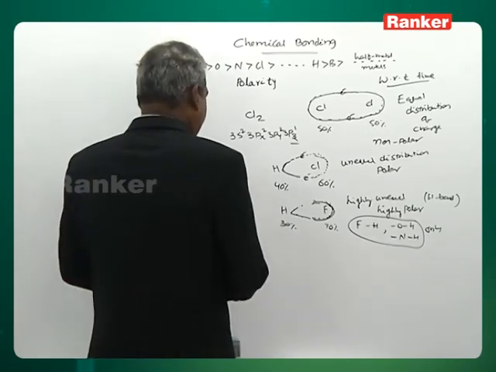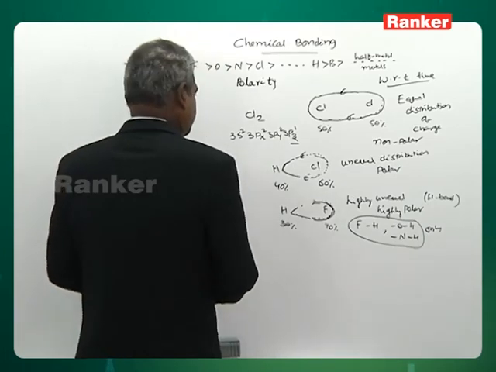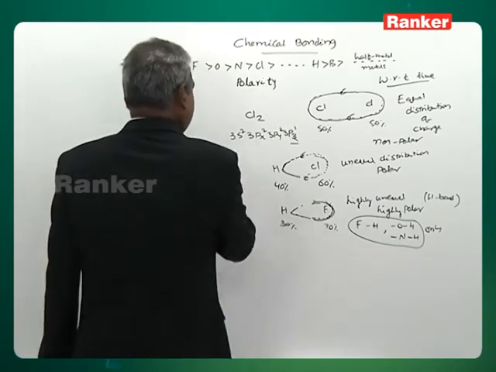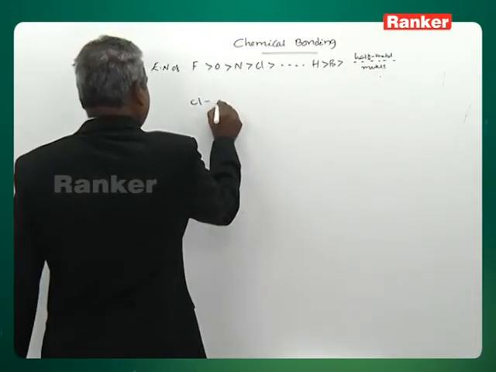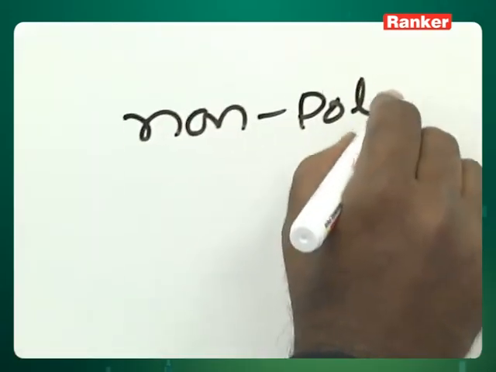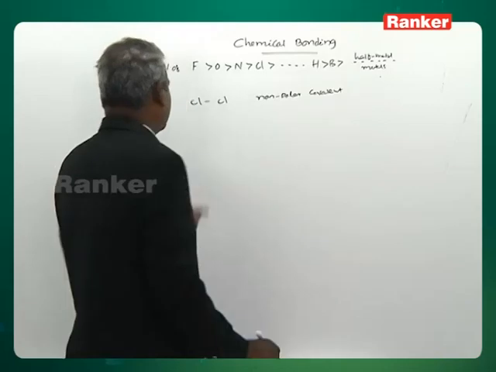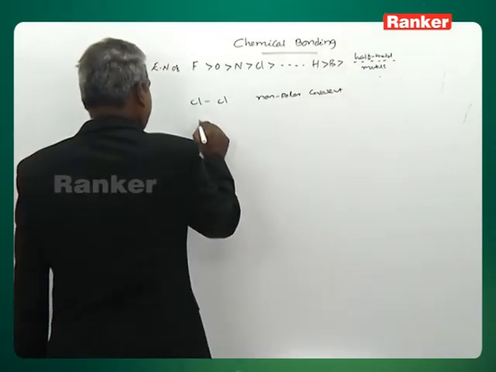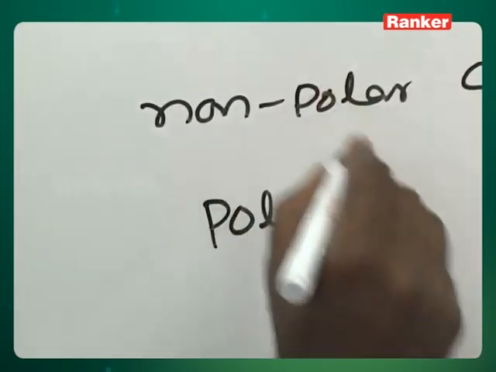Now, NaCl is indeed a very special case to discuss. NaCl. So, let me conclude. Cl2, non-polar covalent bond, equal distribution of charge, 50%, 50%. HCl, polar covalent bond.